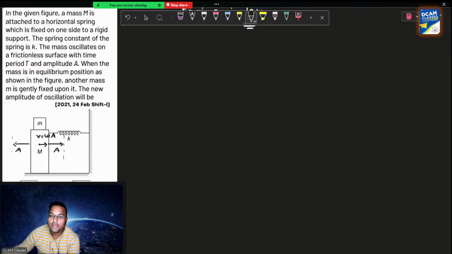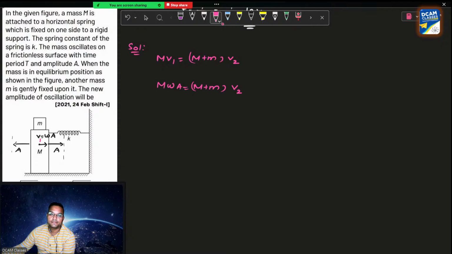Yes, sir. Now, can we do the conservation of momentum here? Just before small m is placed on it and just after it is placed. So it will be M into V1 equal to M plus m into V2. M into omega A equals M plus m into V2. Since omega, they are saying it is going to be the same.